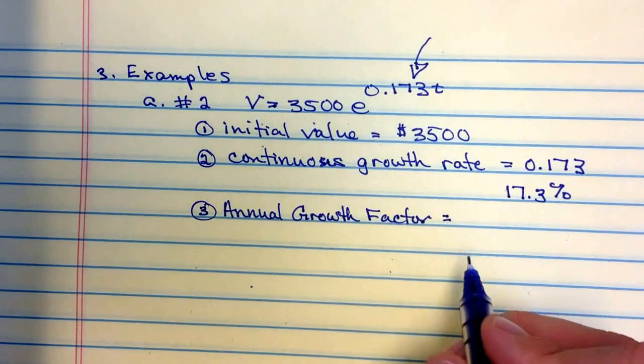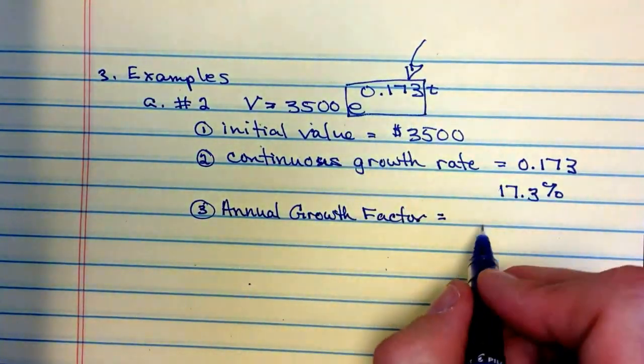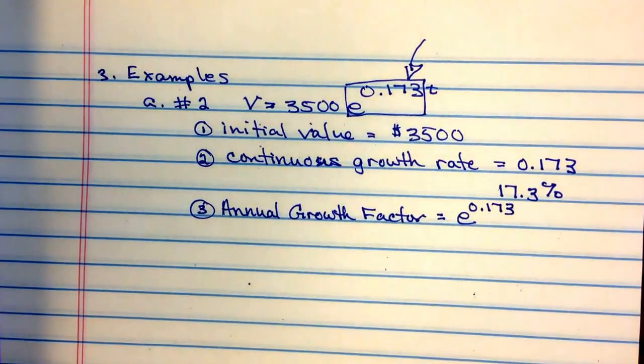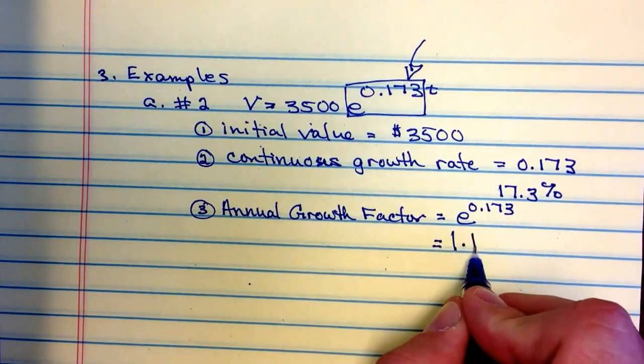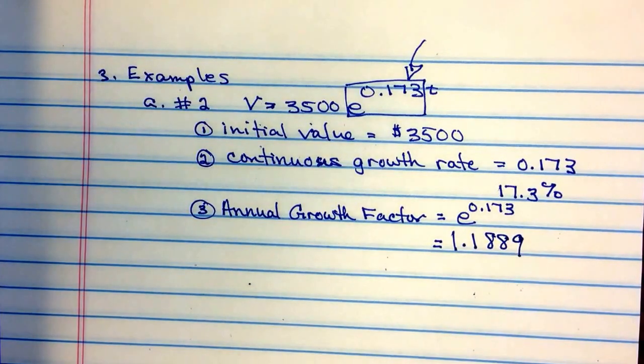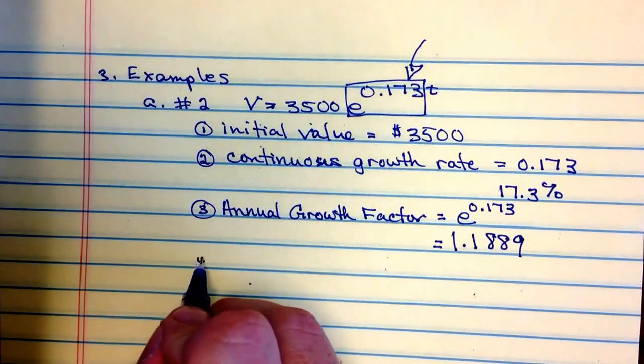The annual growth factor is going to be e raised to the coefficient part. So that's e to the 0.173. We plug that in our calculator and we get 1.1889. We'll round to 4 decimal places. So there's the annual growth factor.